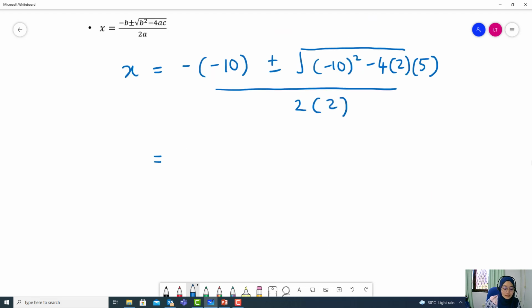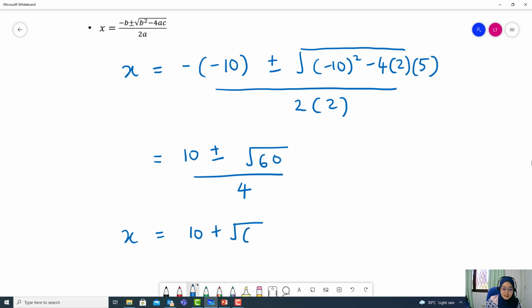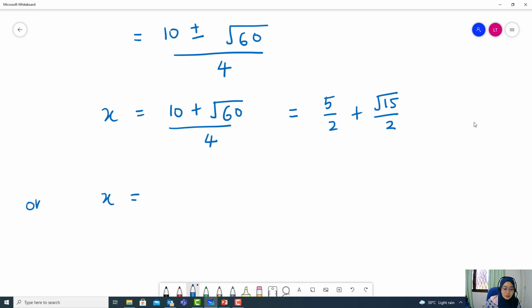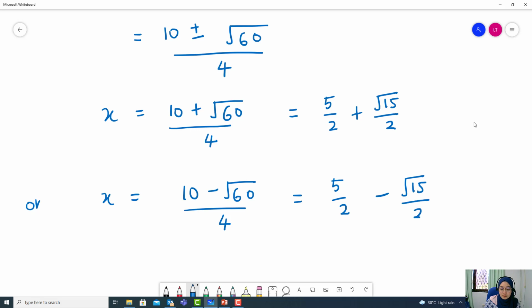Simplify your answer. 10 plus minus square root of 60 divided by 4. x equals 10 plus square root of 60 divided by 4, equals 5 over 2 plus square root of 15 over 2, or x equals 10 minus square root of 60 divided by 4, equals 5 over 2 minus square root of 15 over 2.